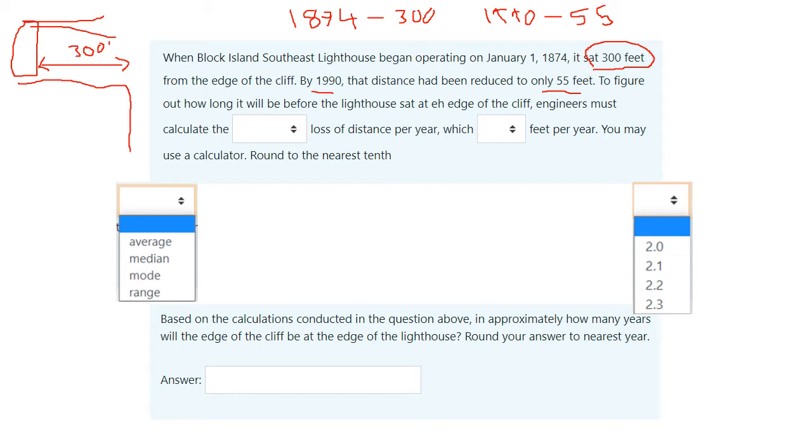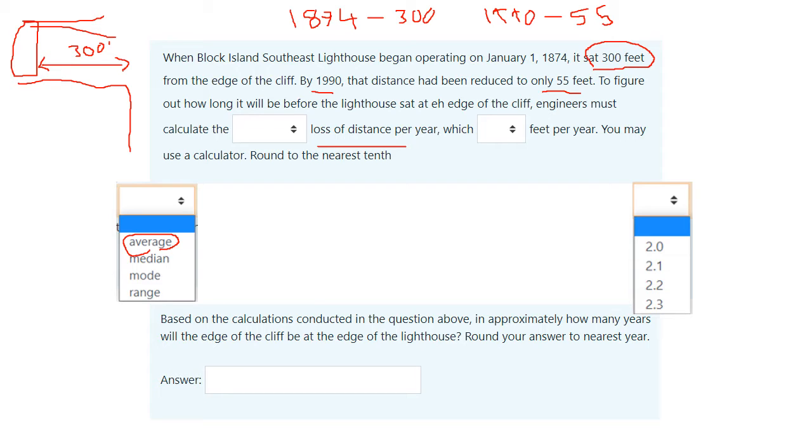To figure out how long it would be before the lighthouse sat at the edge of the cliff, engineers must calculate what? Well, engineers need to calculate the average loss of distance per year. If they know in 1 year how many feet are lost, then they can go forward and work out how many more years until the lighthouse will fall down into the sea.